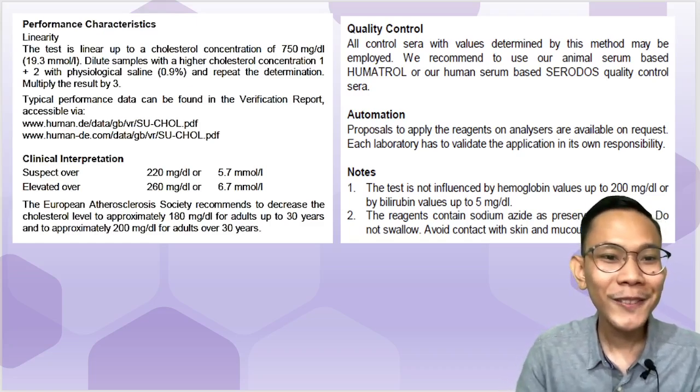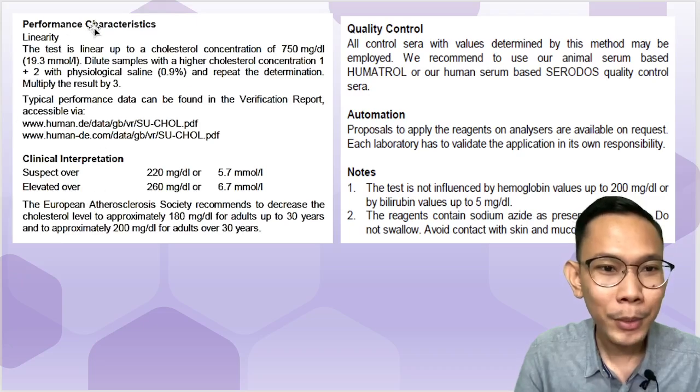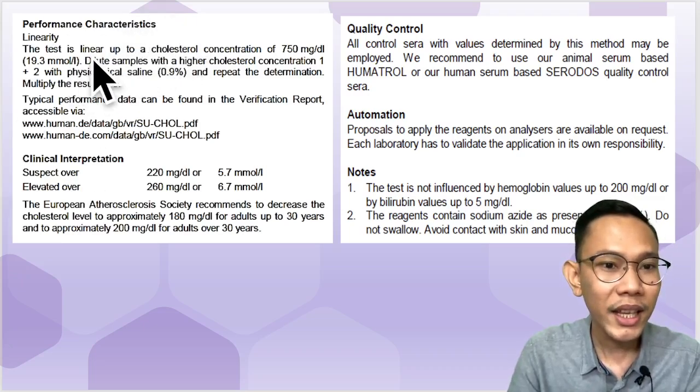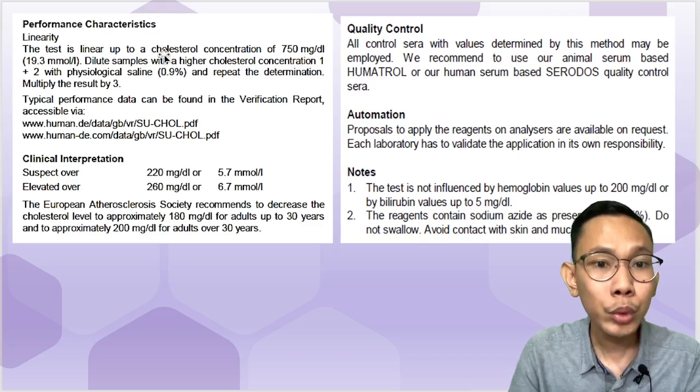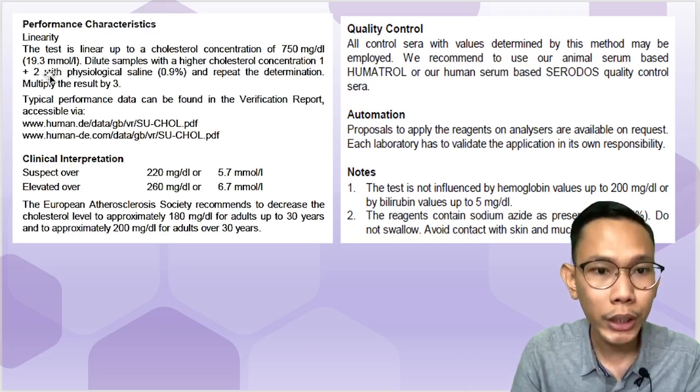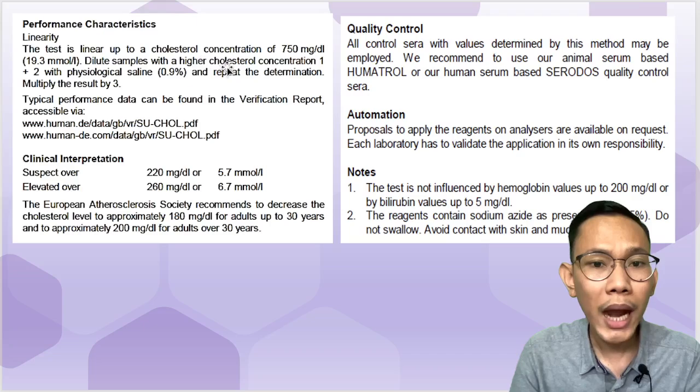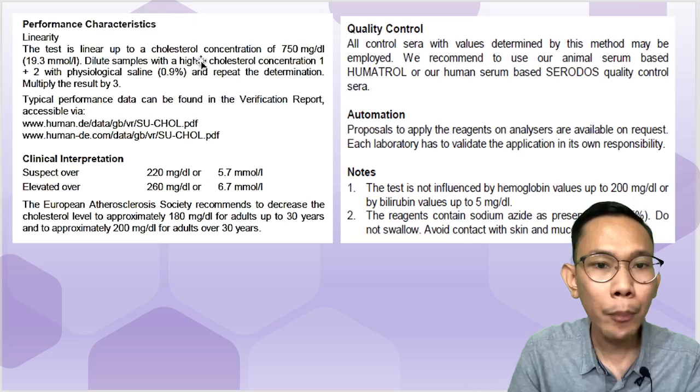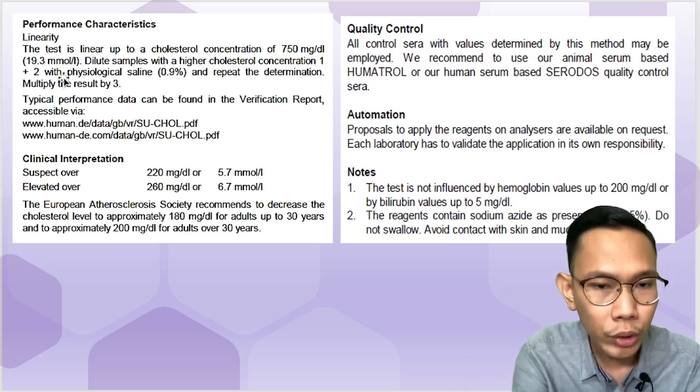And also, there are so many things to consider. Performance characteristic, linearity. The test is linear up to a cholesterol concentration of 750 milligrams per DL or 19.3. Dilute sample with a higher concentration. Again, ha? Up to linear lang siya, up to cholesterol of 750 or 19.3. Anong ibig sabihin na linear siya, doc?